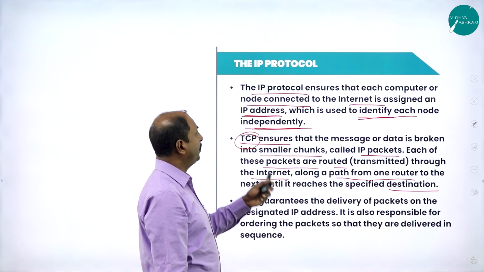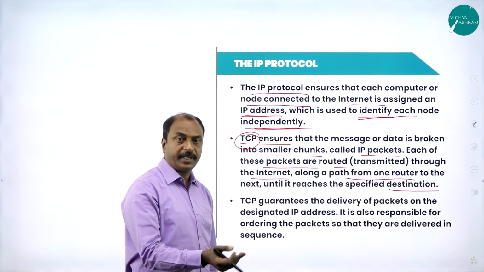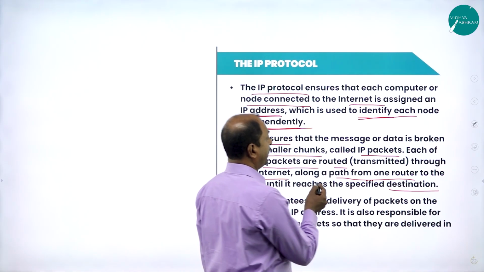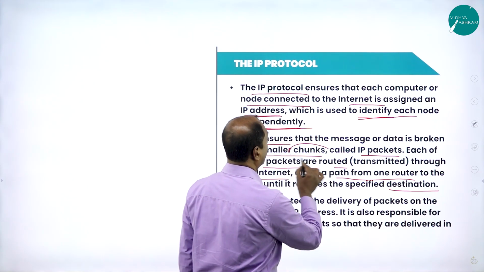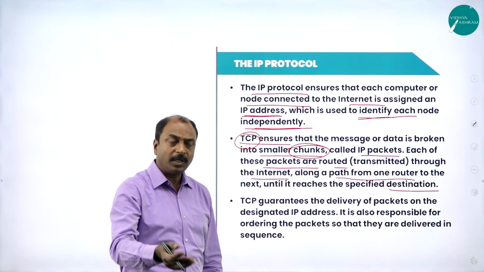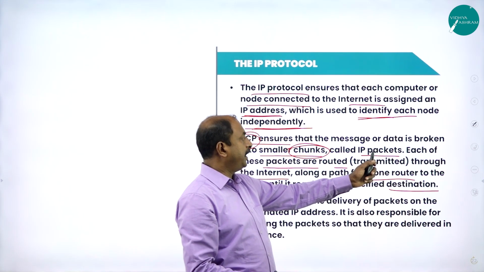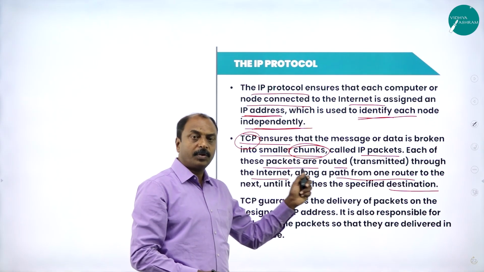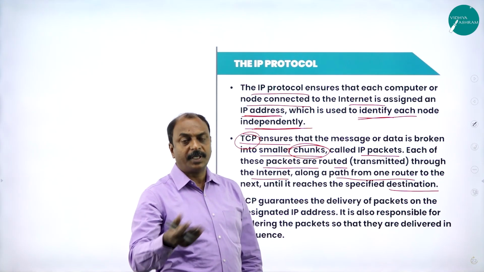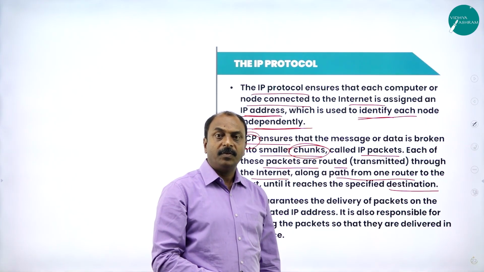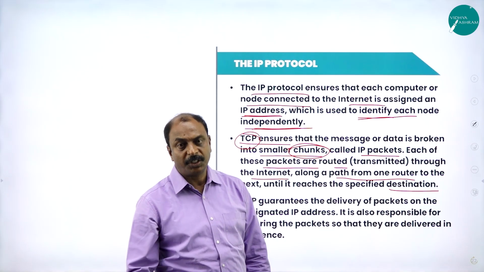Before transmitting the data through the network, this data is divided into a number of chunks, a number of blocks called packets, and each packet is transmitted over the network with different routes to reach the destination.